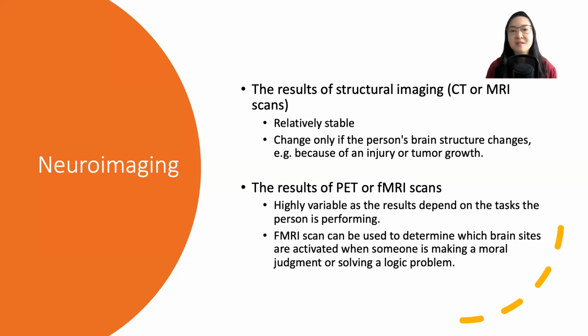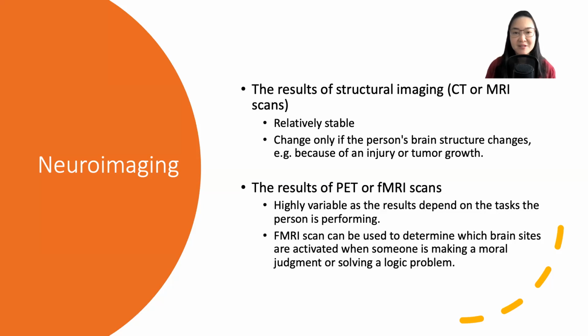Neuroimaging. The results of structural imaging by CT or MRI scans are relatively stable. They change only if the person's brain structure changes, for example, because of an injury or tumor growth.